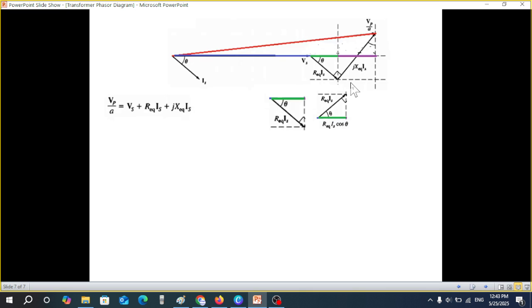So this is the base of this triangle. This is the hypotenuse. So base is the cosine of theta times the hypotenuse, so we can write this as R equivalent Is cosine of theta. What about this other part?